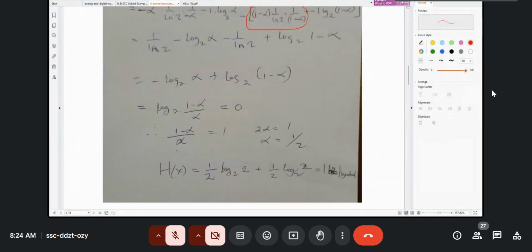So that becomes a half log 2 a half, which becomes 1 bit per symbol. This 2 is because it is 1 over a half, 1 over pi. So it becomes 2, and that gives us 1 bit per symbol.